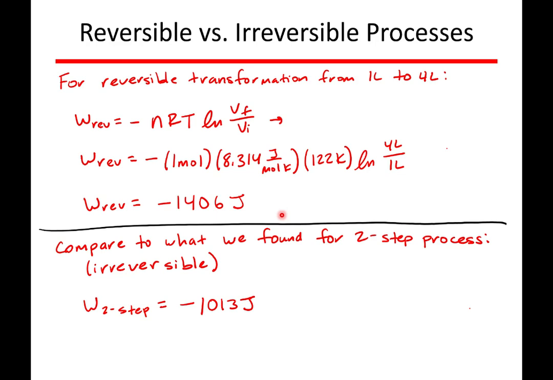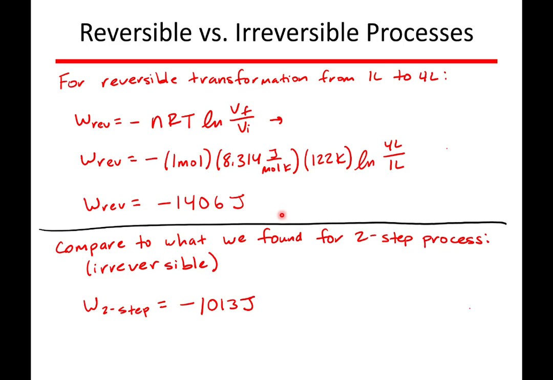Now, would you ever be able to do a process like this reversibly? Would you ever be able to get 1,406 joules of work from the system? The answer to that question is unfortunately no, because in order to do this expansion reversibly, you have to do it in an infinite number of steps, and it would take an infinite amount of time.